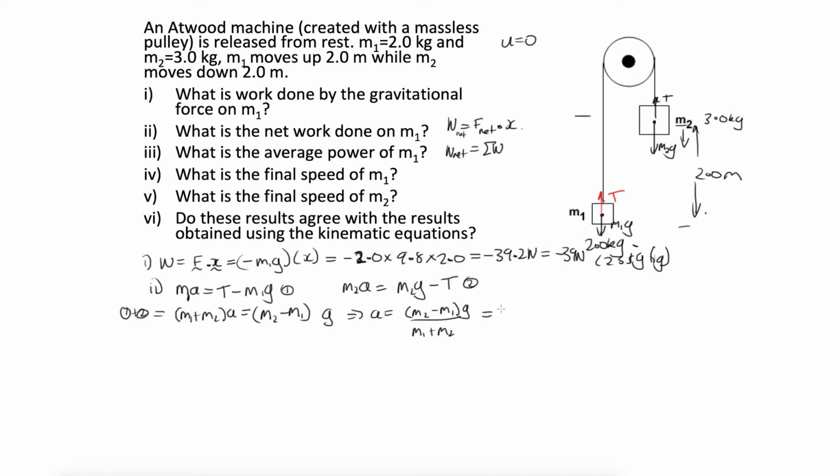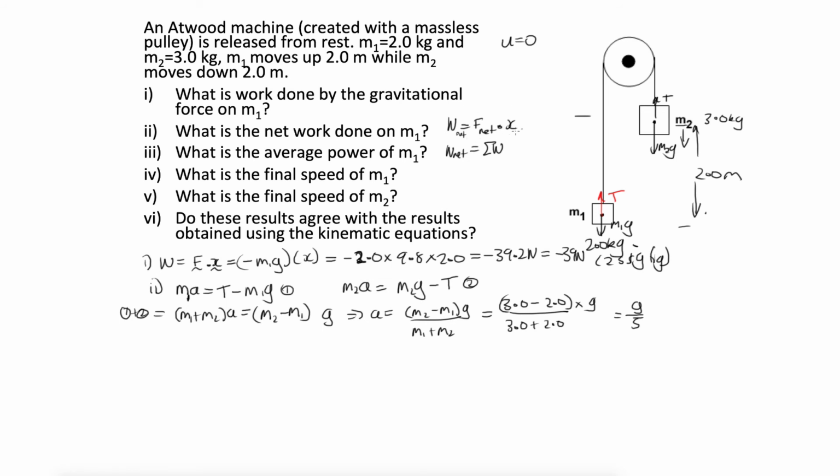So we can calculate what this is. M2 was 3 kilograms, M1 was 2 kilograms, so that's times G over 3 plus 2. And so this is 3 minus 2 is 1, so 1 divided by 5. So we've got G on 5 is the acceleration of the system.